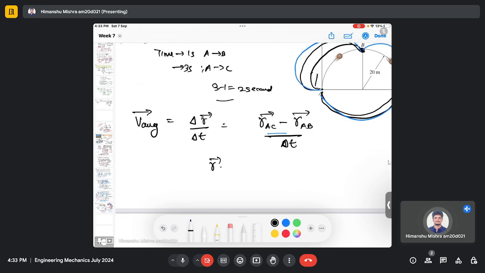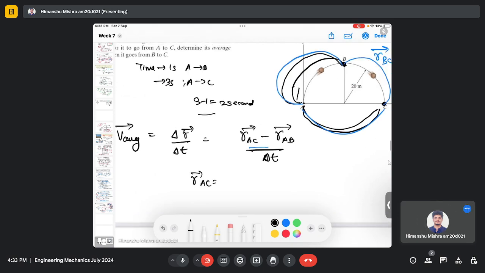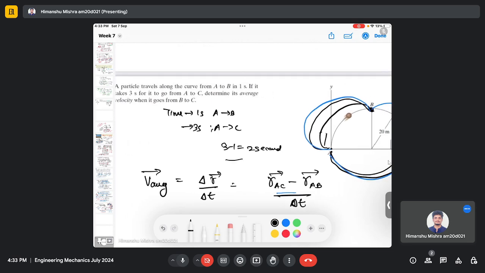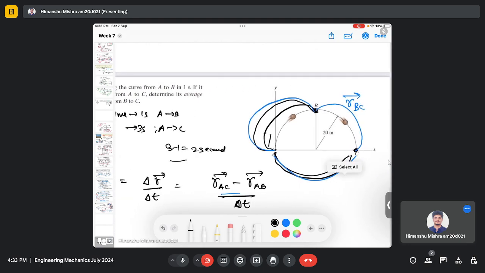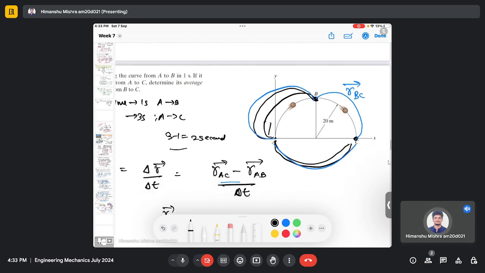So how to define the position vector A to C? For this we will use the concept that we discussed quite a lot in the previous question, how to define the displacement or the position vector. You can say that this is 20 meter and this is also 20 meter, right? This is again 20 meter.